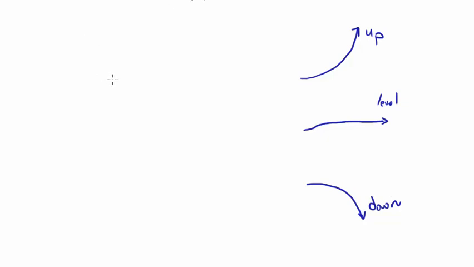Then if I move to the left forever, I could either go up, I could maybe level off to some value, or I could go down. So those are going to be the 6 cases we're going to look at. Now what's tough is getting the notation right.